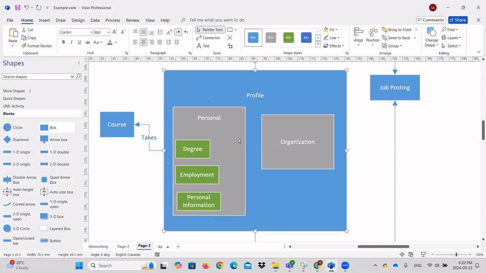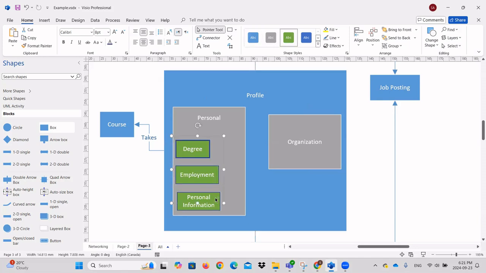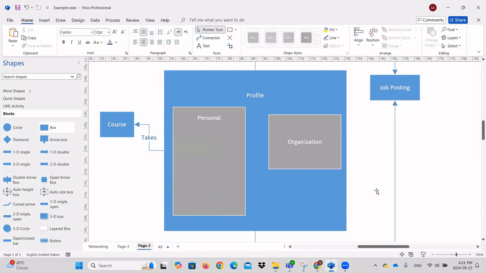We can decide later. But there are also relationships between the organizations and the personal. So we can have some different types of relationships between the profiles. Okay, now there is the employment. If we start to think about the relationship between these two entities, let's say before we create these, so I'm going to take these out for now.